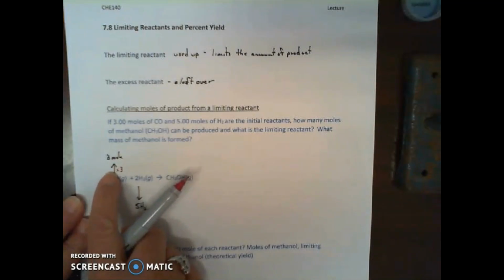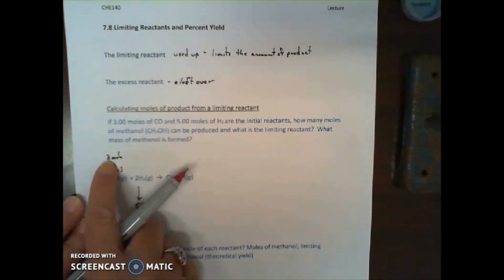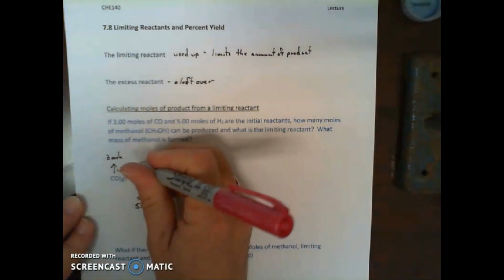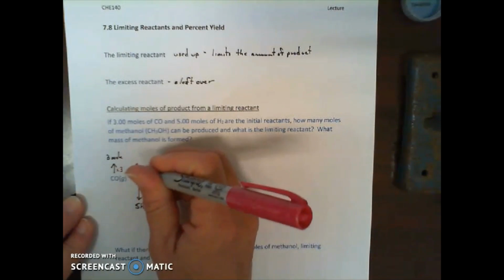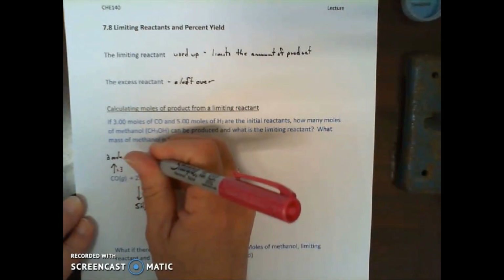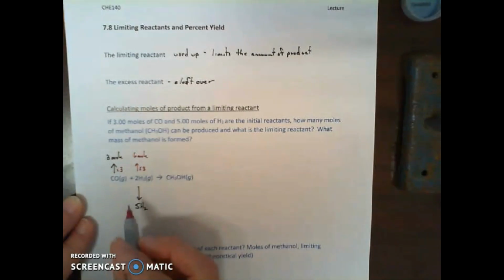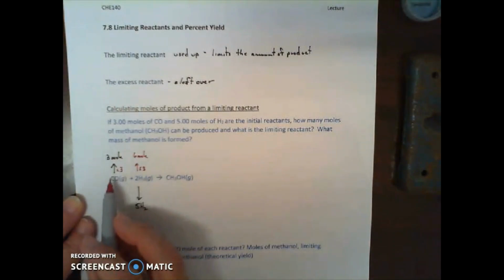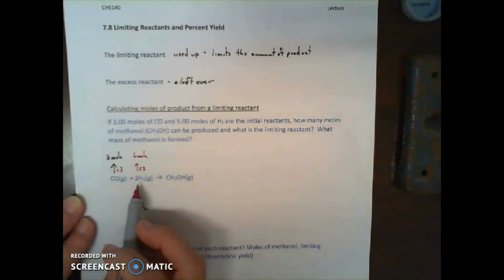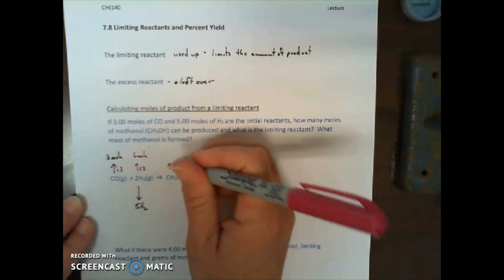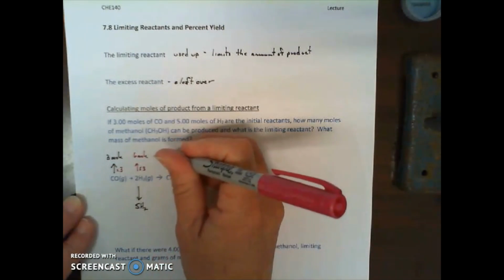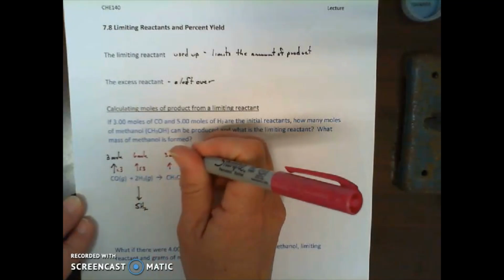So we're going to multiply our 1 by 3 to get 3. If we multiply that, we have to multiply all of them, and we get 6 moles of hydrogen. So 3 moles of carbon monoxide will react with 6 moles of hydrogen and produce 3 moles of methanol.